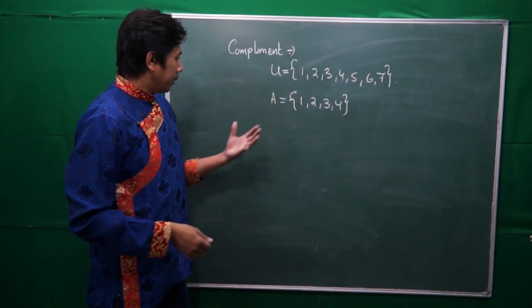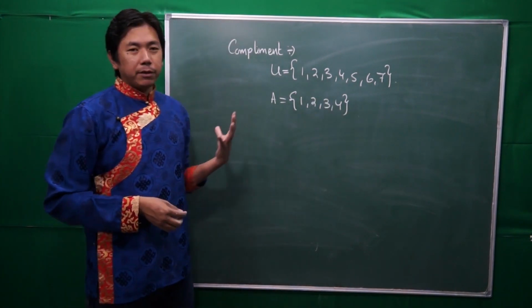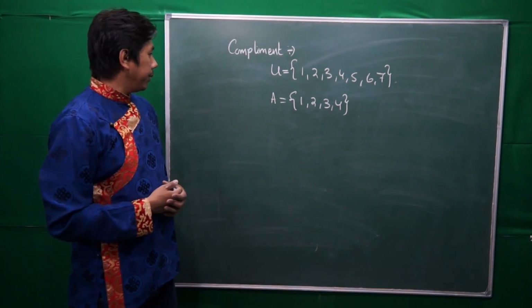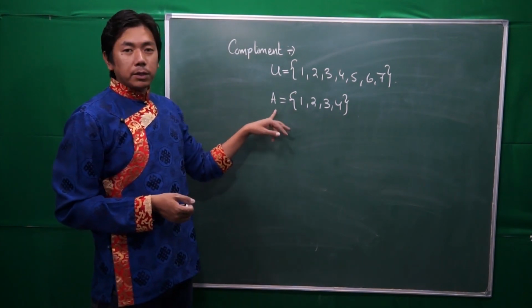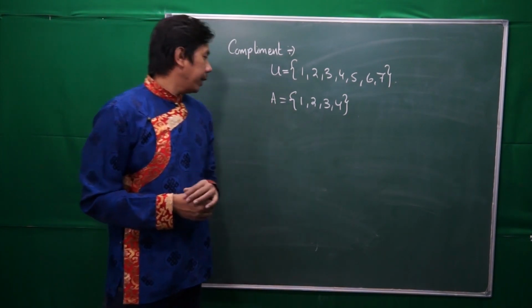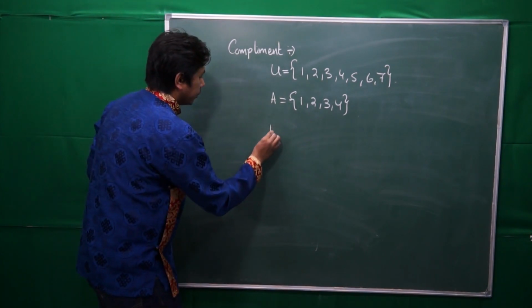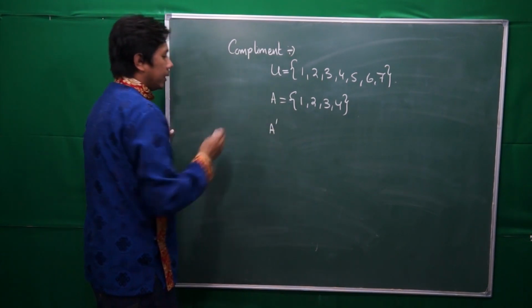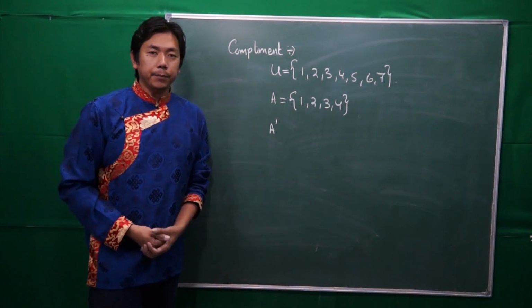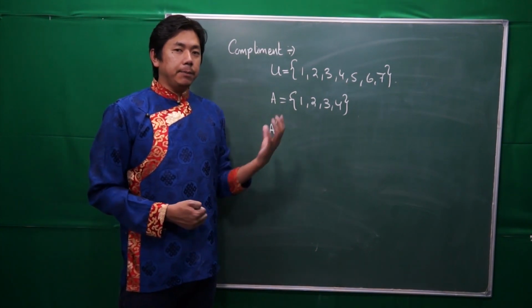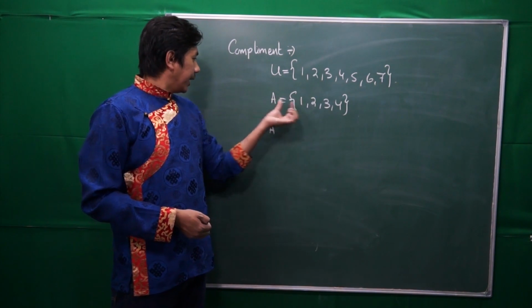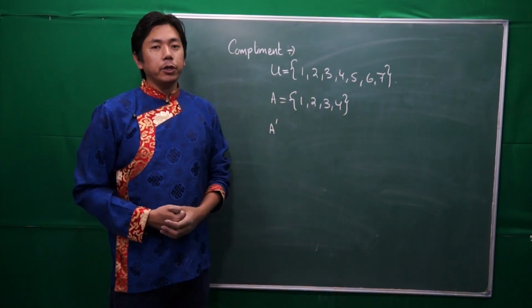I'm not writing set B because it is irrelevant. What we are going to do is find the complement of A. This is how you write it: A complement. This means that set A has been put under the complement operation.